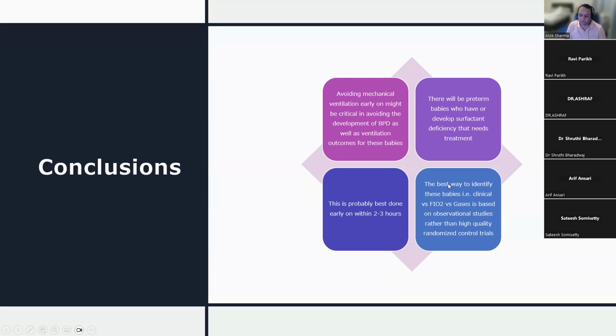That was extrapolated so that in 2018, the European guidelines for respiratory distress came up with a figure saying that if you're under 28 weeks and your FiO2 is more than 30%, then you should have a tube and surfactant. But if you are over 28 weeks, babies can have surfactant only if the FiO2 crosses 40%.